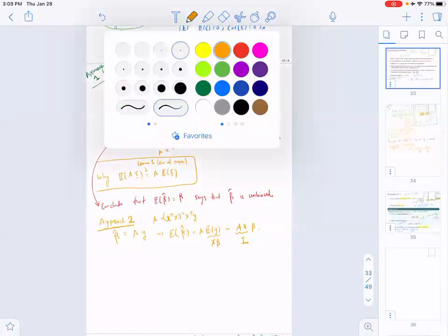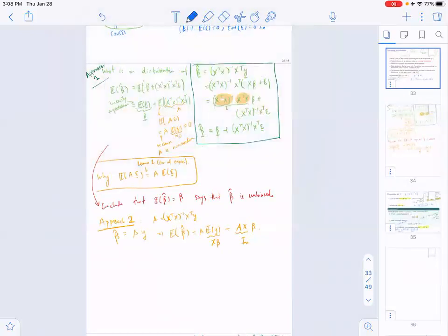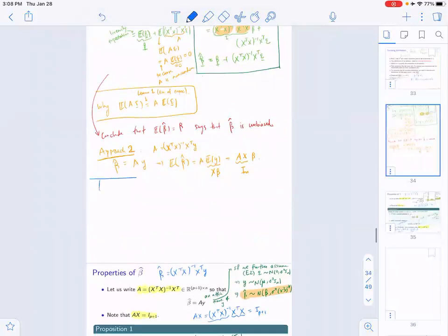So now, how about the covariance of beta hat? How can we compute the covariance of beta hat?